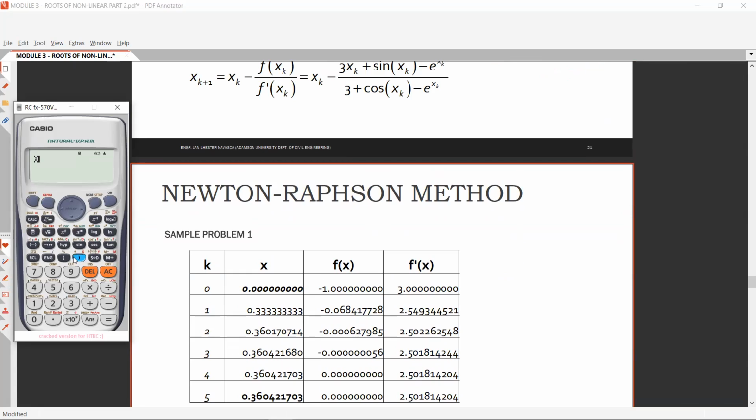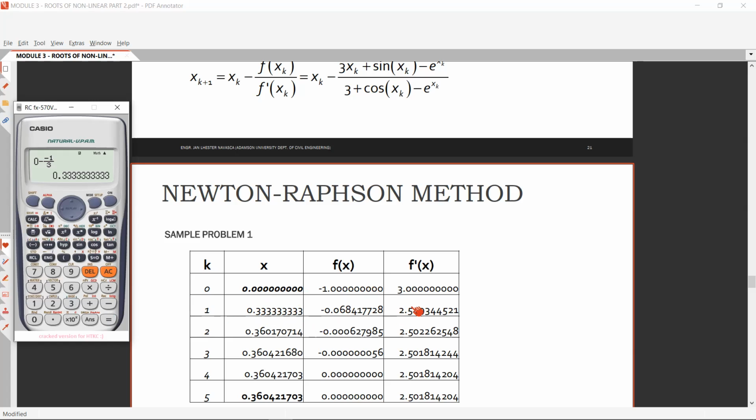So x minus, so yung x natin is 0, di ba? Minus the f of x, negative 1, all over 3, yung f prime of x natin. So you have your x na 0.333 for your next iteration. Then do the process again.